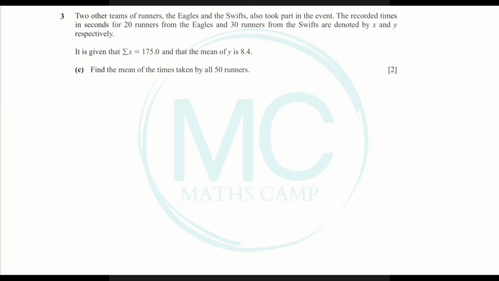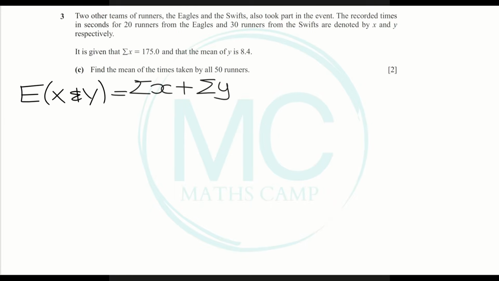Let's start with the formula for the mean for all of the runners. So I'm going to say the mean of the runners for x and y is equal to sigma x plus sigma y, all over the runners from the Eagles plus the runners from the Swifts. Let's say these are x and these are y.